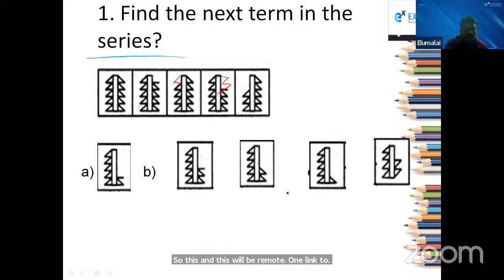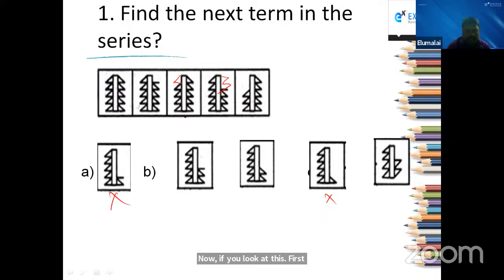Only 2 triangles like this will be there. So 2 triangles, where is it? This half is removed, right? Okay. So where is it? So here it is not the correct answer. Now, if you look at this, first half removed, then 2 removed.